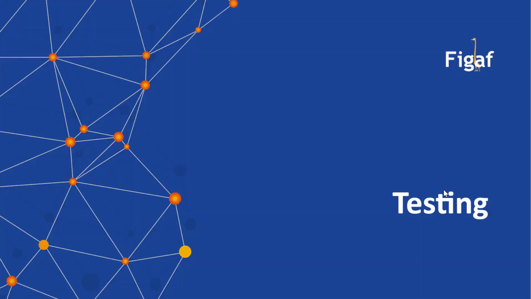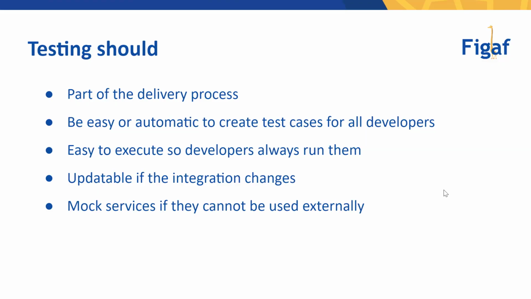Cool. Good. I'll not be talking too much about testing, but obviously it should be a part of all your delivery processes. It should be easy for developers to create and run tests, otherwise it will never be done. And as a developer, you want to run it.